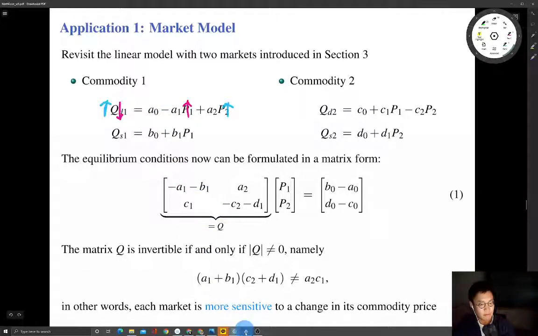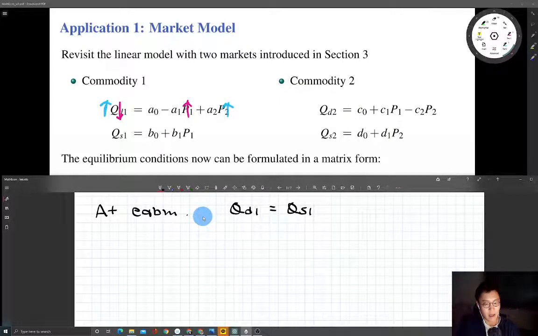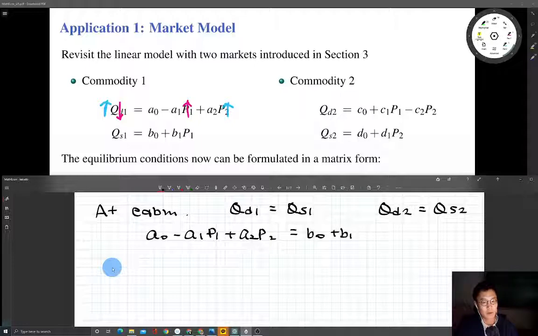So if we write the equilibrium condition here, at equilibrium, we must have QD1 equal to QS1, and QD2 should be equal to QS2. Then I can rewrite the first condition in terms of P1 and P2, just by substituting this expression: A0 minus A1 P1 plus A2 P2 is equal to B0 plus B1 P1.